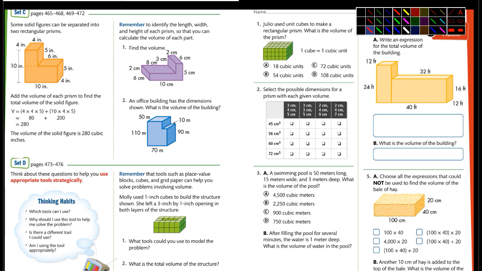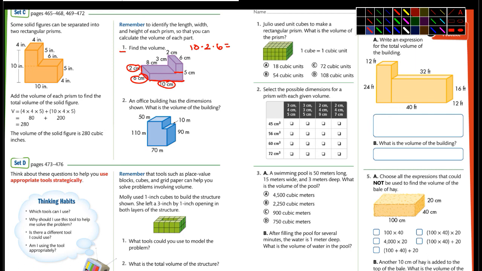Let's see here. I can help you with number 1, this one here. So if this is 10, and then this height looks like it's 2, and this is 6, it's going to be 10 times 2 times 6. Okay? So 10 times 2 times 6. Now I need to figure out, because what I did is I just extended it this way, this piece here.